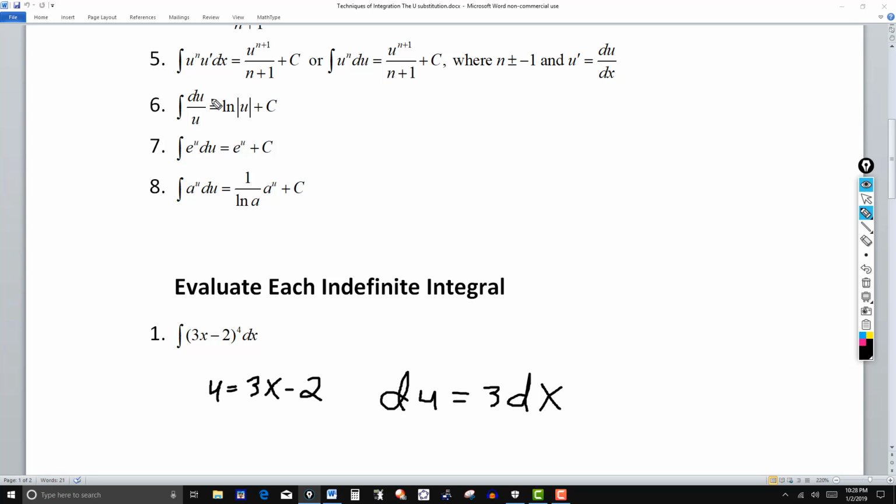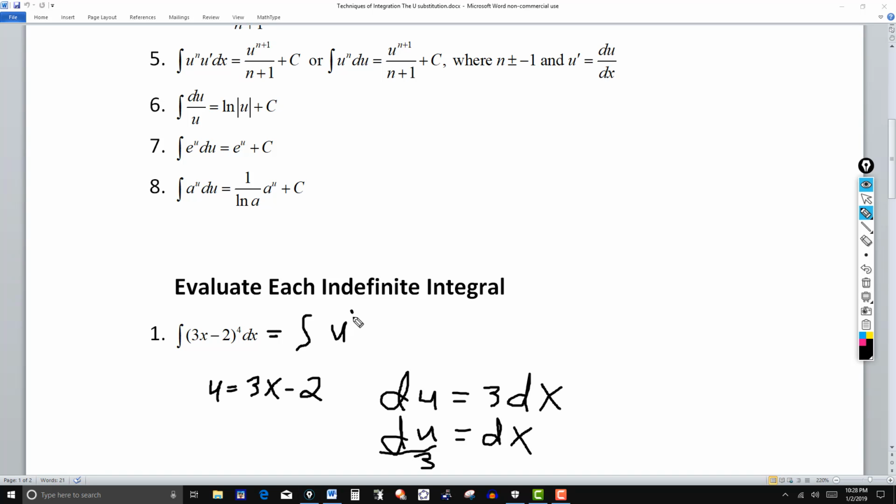Okay, so in this case, this will be the integral, and then here I'm going to divide by 3. Okay, so everything has to be transformed in terms of U. So dividing by 3, I use these expressions here now, and I can say, okay, 3x minus 2, I said that was going to be U, so I put a U here, and then that's to the 4th power.